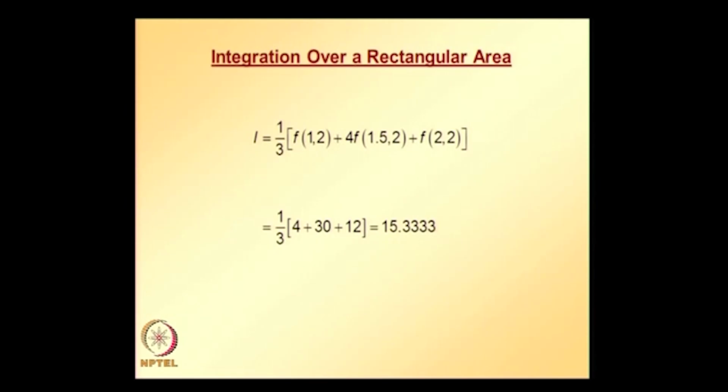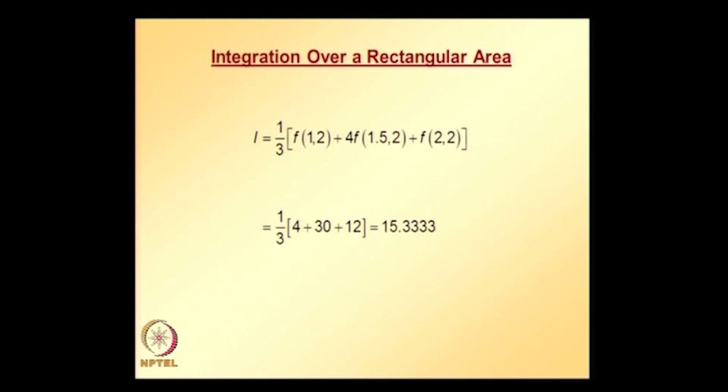So, this is about integration over a rectangular area using Newton-Cotes rules. Again, Newton-Cotes rules require that a function of order n requires n plus 1 points to get an exact solution. So, we need to use n plus 1 points along the x direction and n plus 1 points along the y direction.